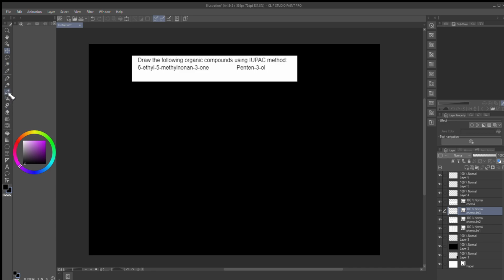And then we have, this time we will be drawing compounds based off of the names that were given. And so here we have draw the following compounds using IUPAC method: 6-ethyl 5-methyl nonane-3-one, and then pentene-3-ol. Over here, it would be better if there would be a 1 to separate the pent and the ene, but since there isn't, we assume that it's on the first carbon.